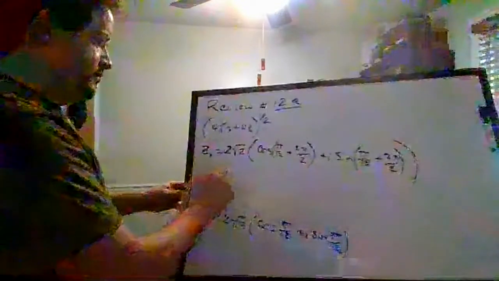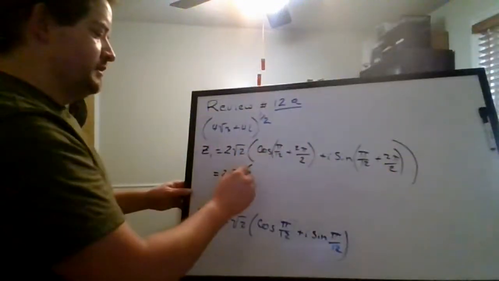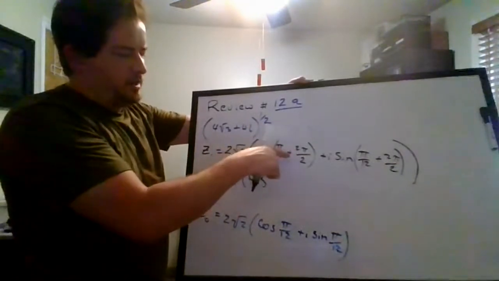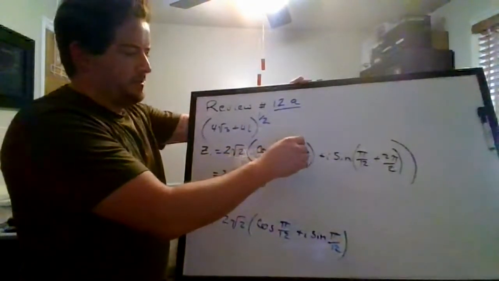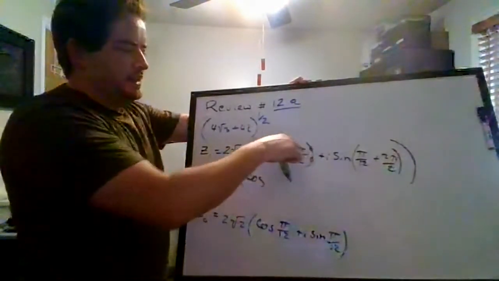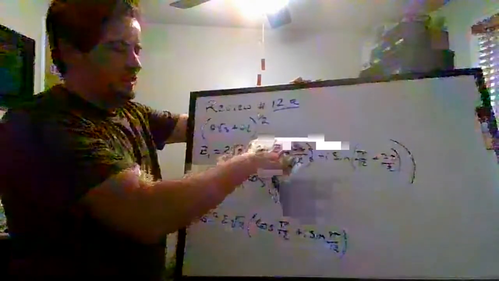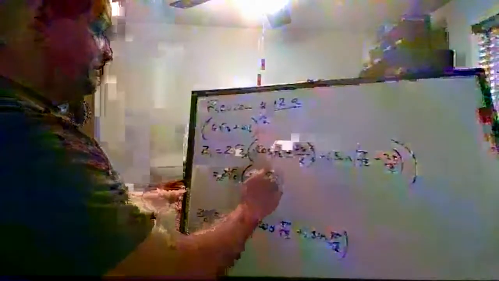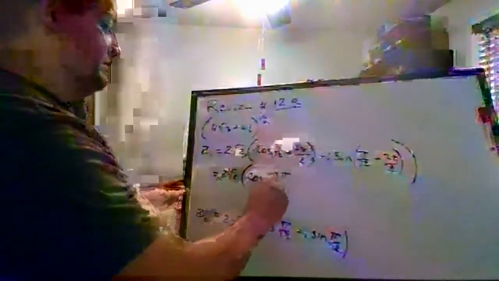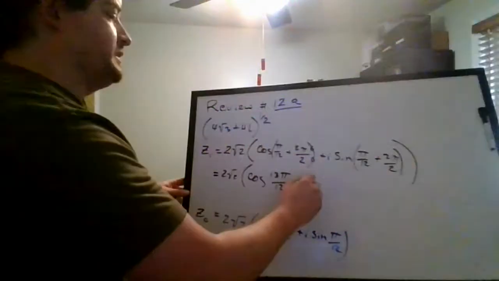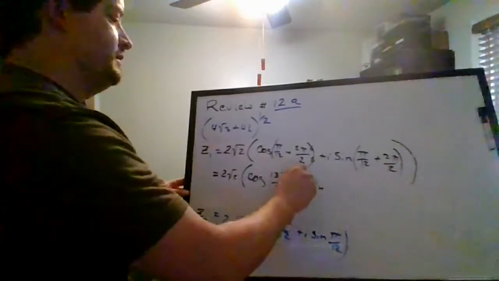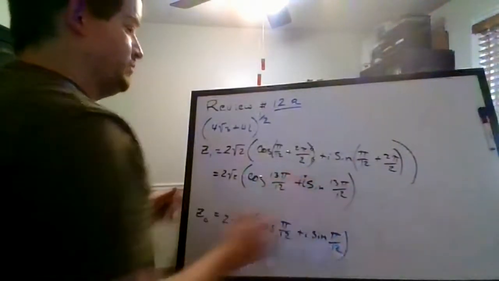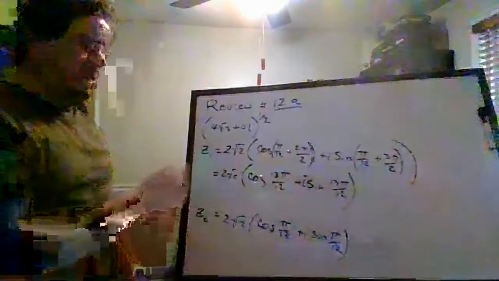So this is 2 root 2 times the cosine of, in order to combine these, I'm going to want to multiply this guy maybe by 6 over 6. That gives me 12 pi over 12, so 13 pi over 12. And then, of course, my sine is the same angle, 13 pi over 12. And those are my 2 solutions.